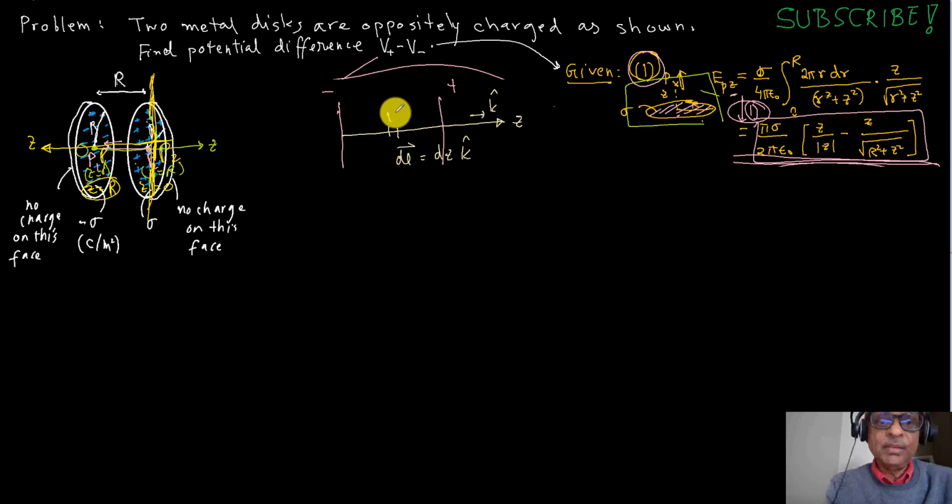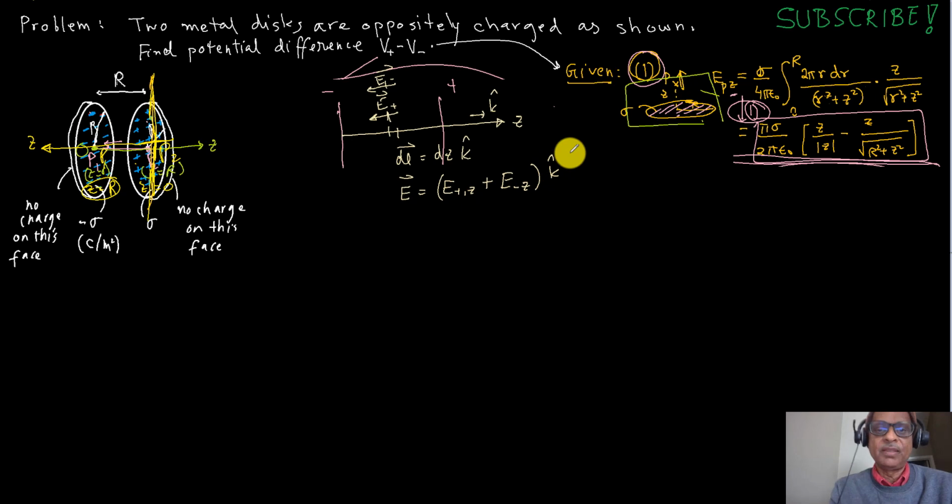And the electric field here will be in this direction, so this will be E plus, and there will be E minus there. So the net electric field will be E plus the z component plus E minus the z component, in the k hat direction.